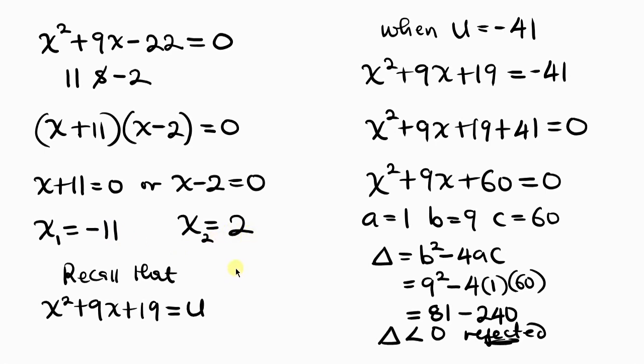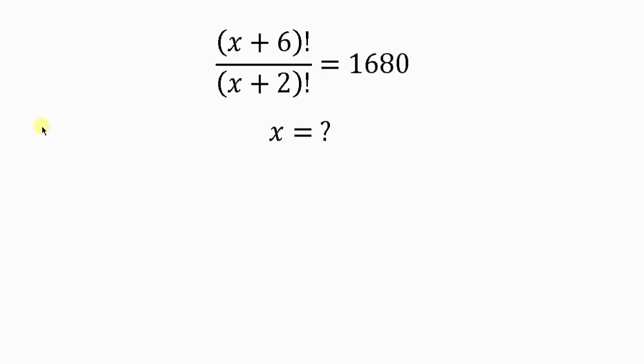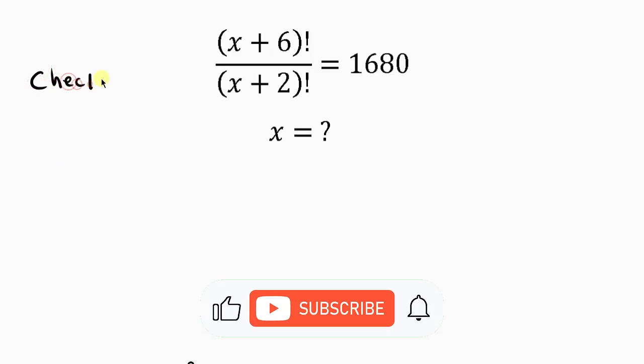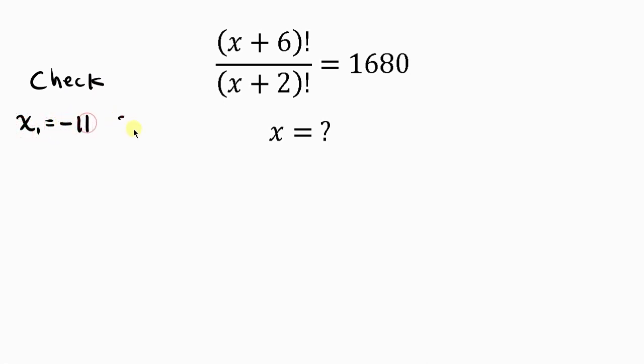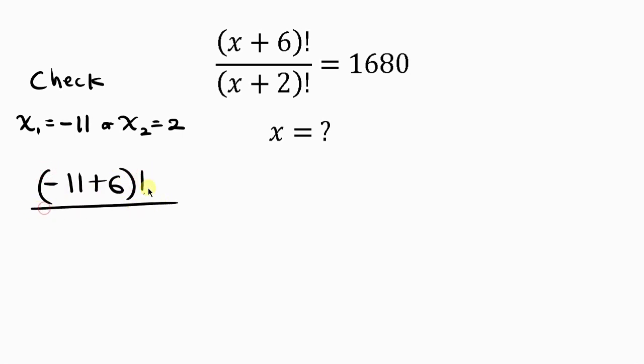Now we're going to be checking to see if these values are valid. Remember that our values for x are negative 11 and 2. Let's check for when x is negative 11. So this is (negative 11 plus 6) factorial all over (negative 11 plus 2) factorial.